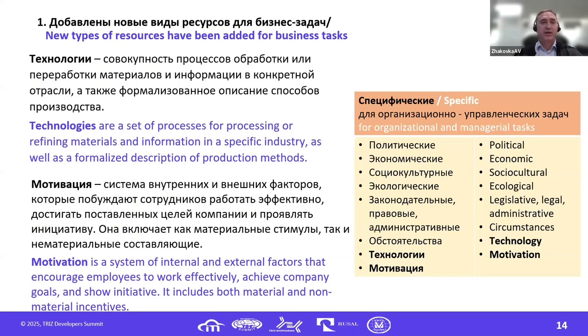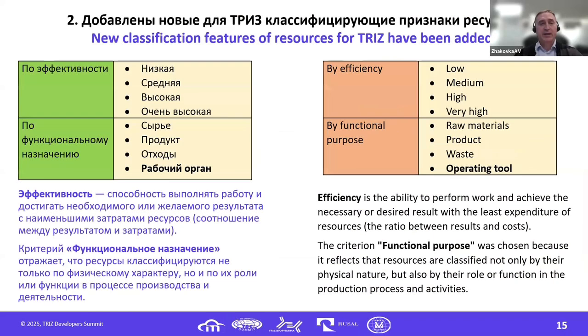Technology is a system offering a set of processes to process or refine materials and information in a particular industry, as well as a formalized description of production methods. Motivation is a system of internal and external factors to encourage employees for efficient work.